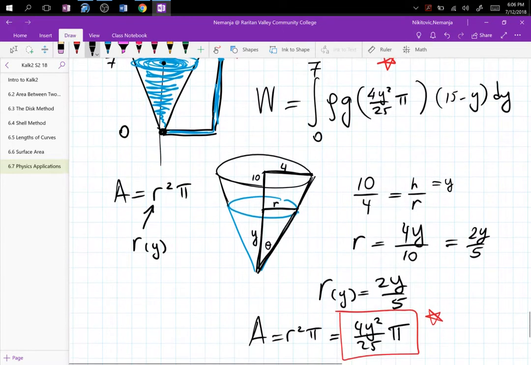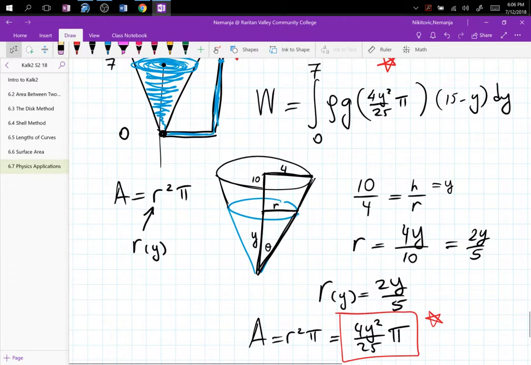So I'll go through the argument one more time. Our formula requires the height of the liquid, which was easy, 15 minus y, we discussed that already twice, and requires the area. Since the area is now changing as you are draining, this area is getting smaller and smaller and smaller.